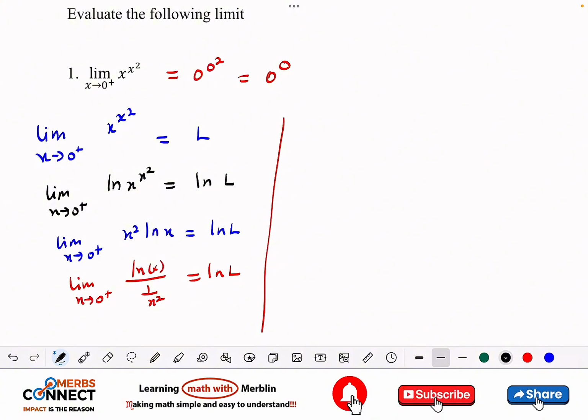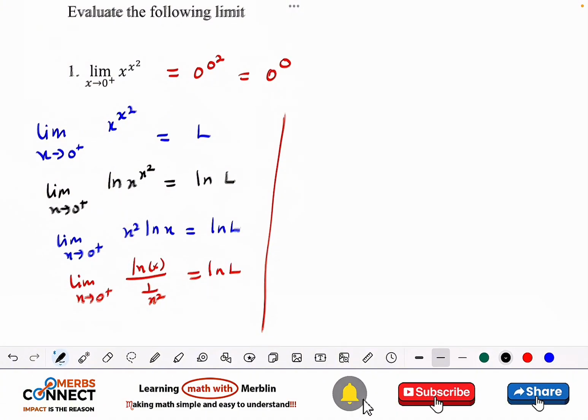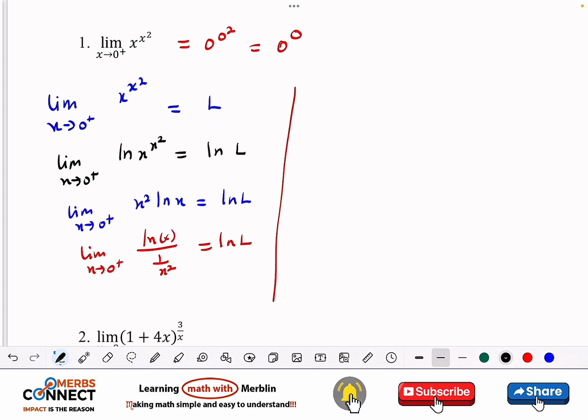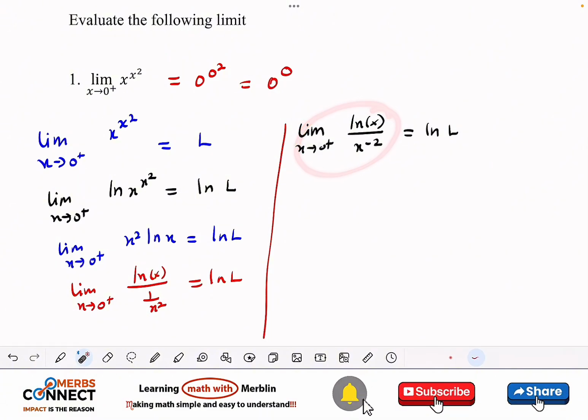Now let me continue from here. Let's apply L'Hopital's rule on this side. Let's write this one last simplification so that it helps me differentiate. 1 over x squared is the same as x to the power minus 2, which is equal to ln L. Now I want to apply L'Hopital's rule here, so I have the limit as x approaches 0 from the positive.